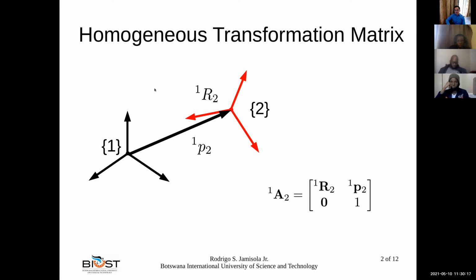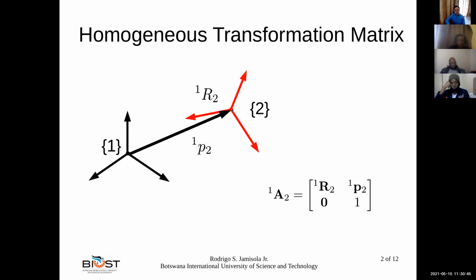Physically, you can see that this is frame 2, the red frame, and frame 1, the black frame. For the sake of discussion, again, the black frame 1 is stationary, and the red frame 2 moves with respect to frame 1 in terms of position. When talking about position, it is the position of the origin of frame 2.